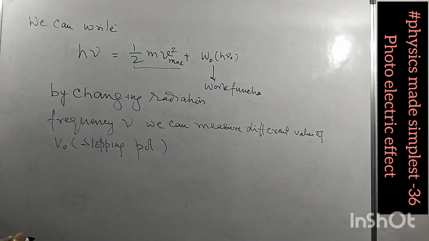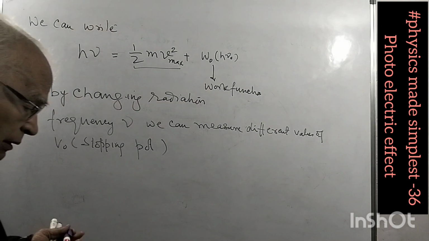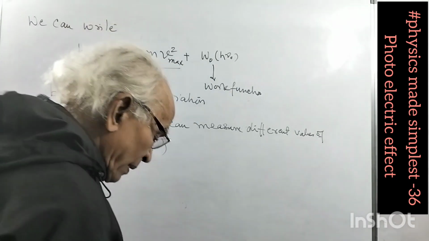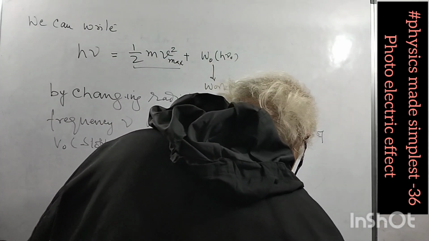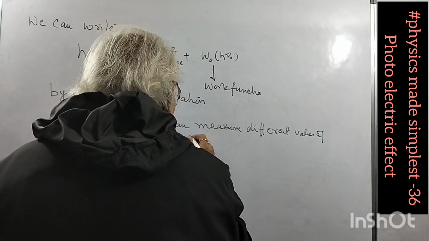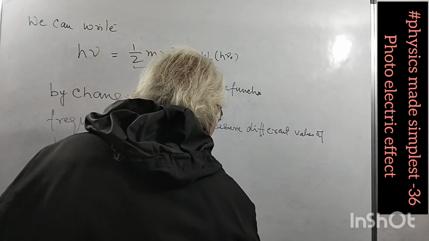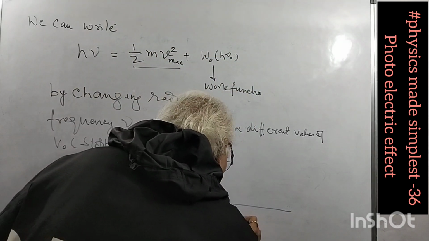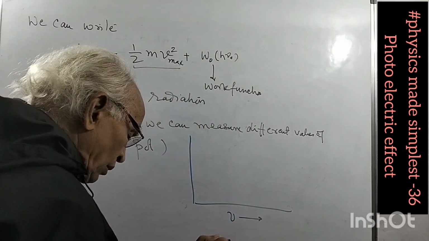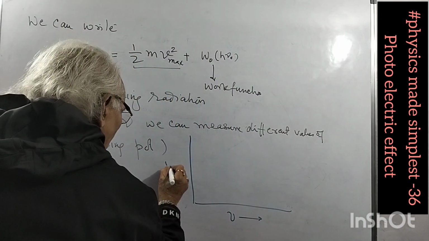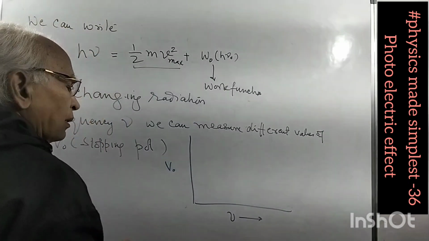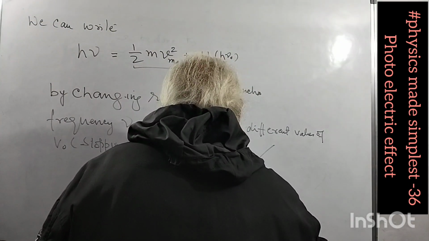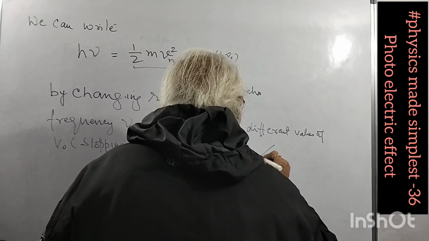And we can plot a graph of this type. Here we have frequency nu, the frequency increasing. On this side you have V naught, the stopping potential. We can get this type of graph. Points will be on this for different frequencies.